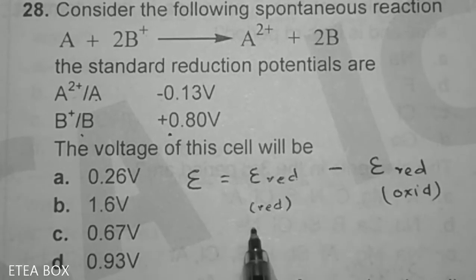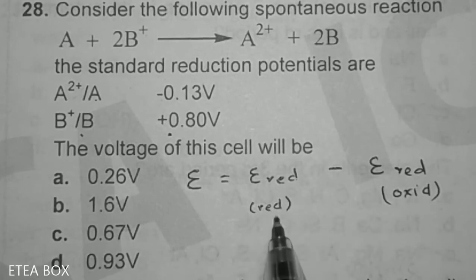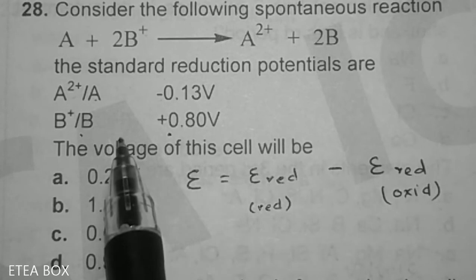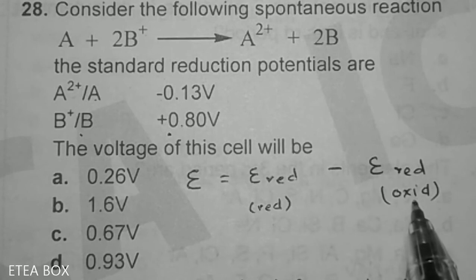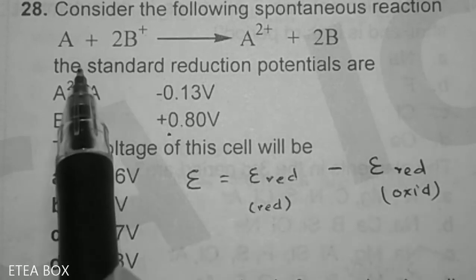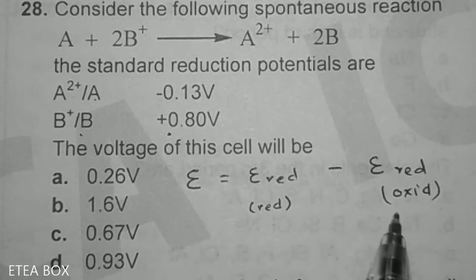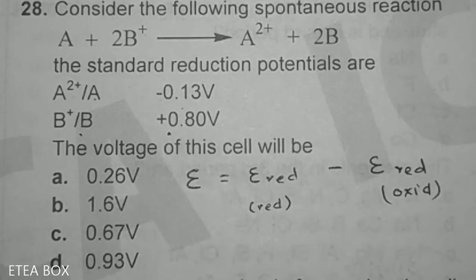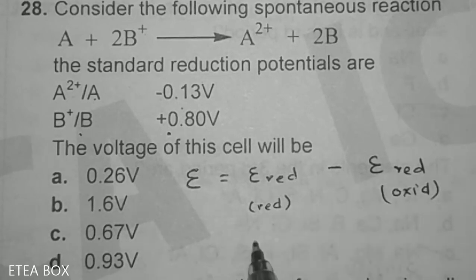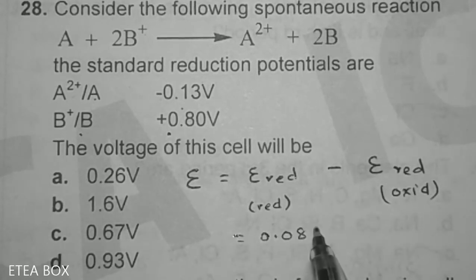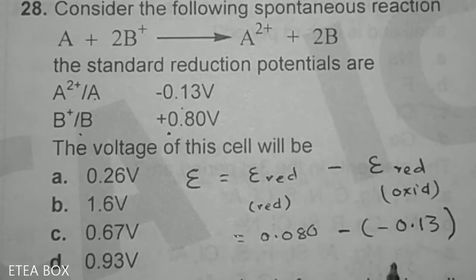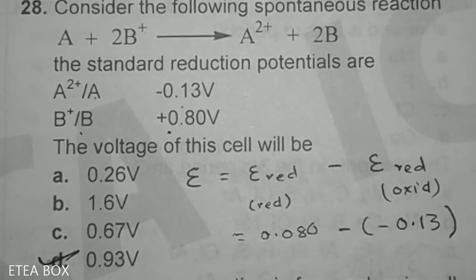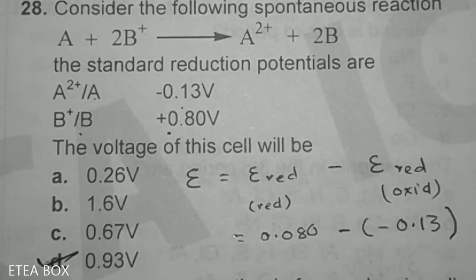The formula for voltage is the reduction potential of the substance which is reduced, minus the reduction potential of the substance which is oxidized. B is reduced, so we put the value of B here, and A is oxidized, so we put the value of A, minus 0.13. So 0.80 minus (minus 0.13), and when we calculate this we get 0.93 volts. The answer will be 0.93 volts.